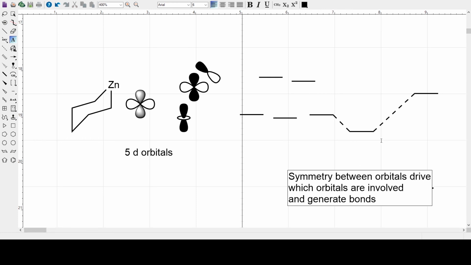And this is a bond, pi, and you also always have the magic of quantum mechanics, quantum chemistry.